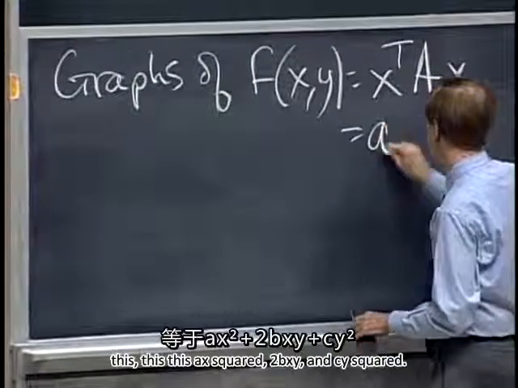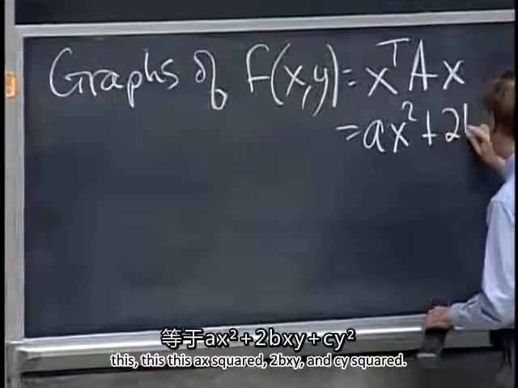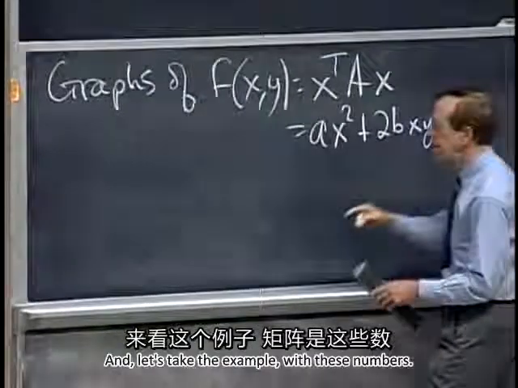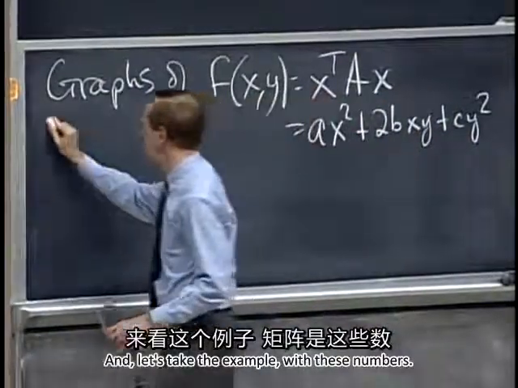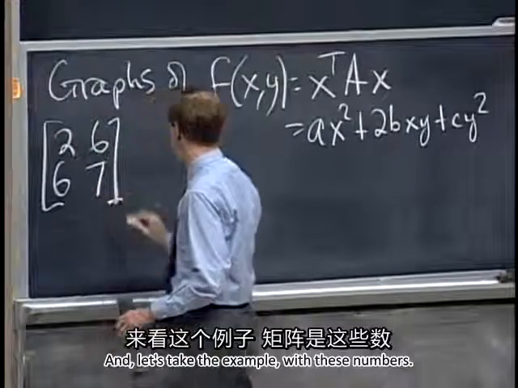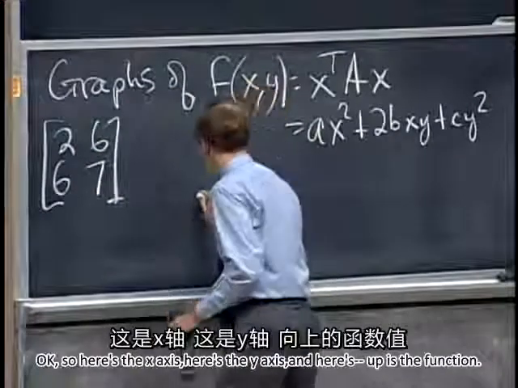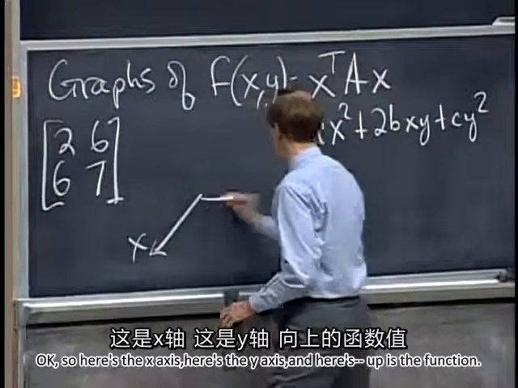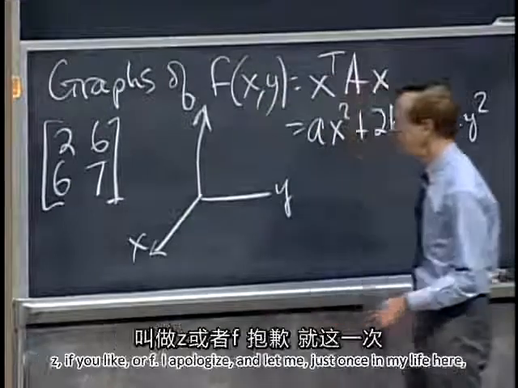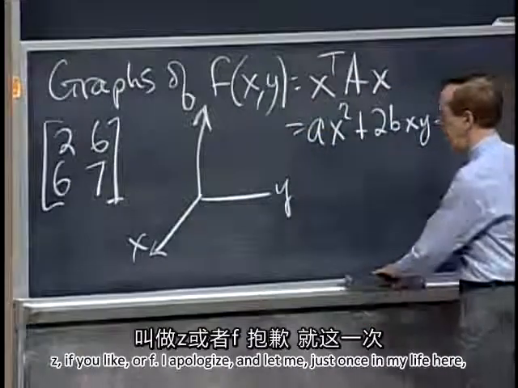This is ax squared, 2bxy, and cy squared. And let's take the example with these numbers. Okay, so here's the x-axis, here's the y-axis, and up is the function, z if you like, or f.